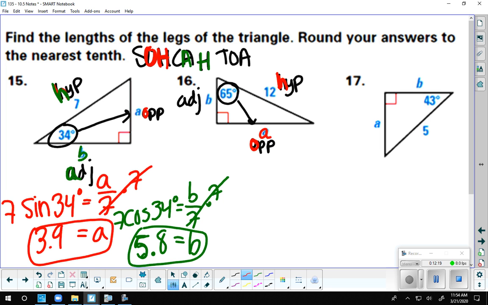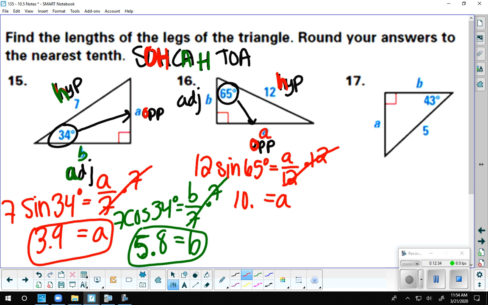Opposite and hypotenuse, again, is the sine function. So sine of my 65-degree angle equals the opposite side A over the hypotenuse 12. Same process, multiply both sides by 12. 12 times the sine of 65 degrees is 10.9. If we're looking for B, that's the adjacent side, and we know the hypotenuse.